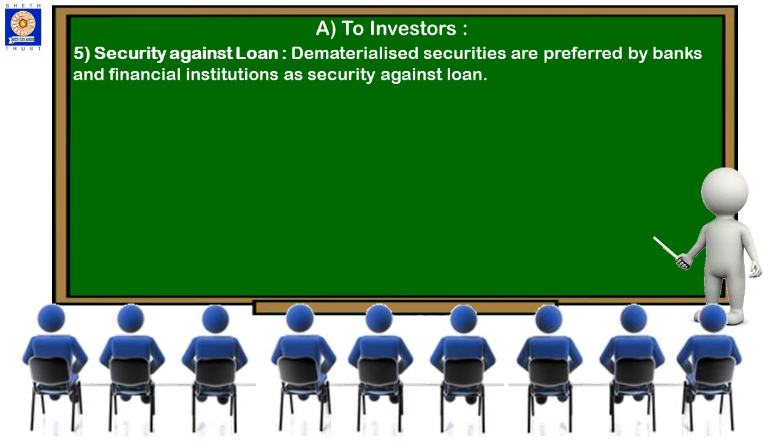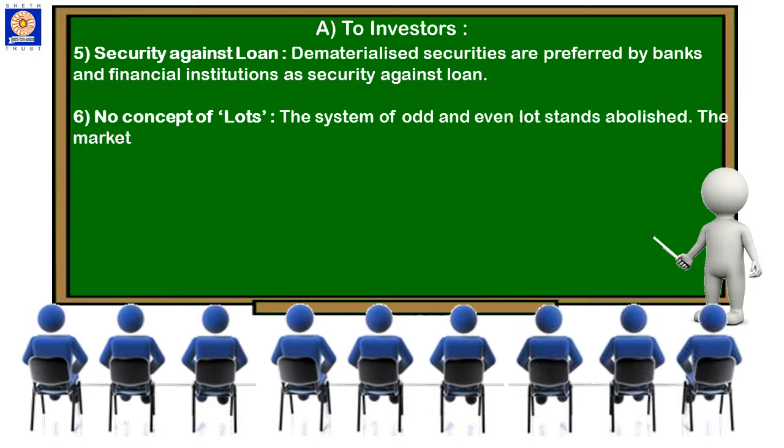If you have maintained your securities in a depository system, you can get a loan by keeping your investment in securities against the loan amount, and you can get the money easily as you keep your assets mortgaged. Likewise, you can keep your shares or securities and get a loan against them.